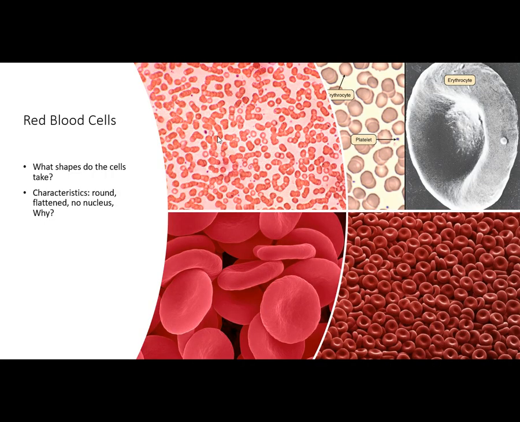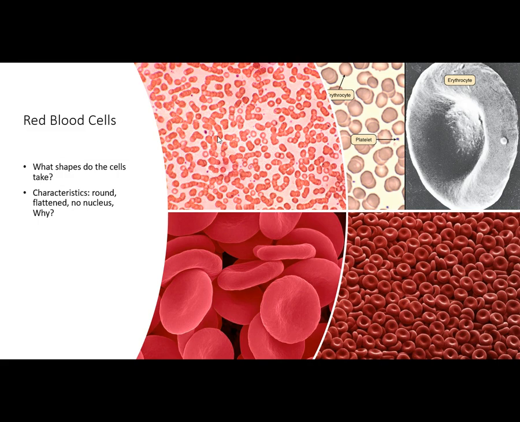Okay, then we have red blood cells. They are round, flattened, and they don't have a nucleus. I know, weird, right? No nucleus. Why do you think that is?